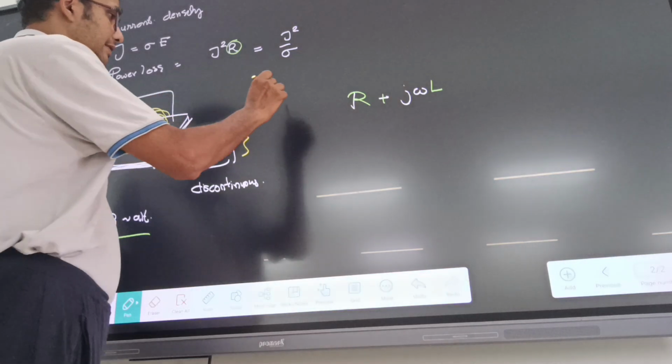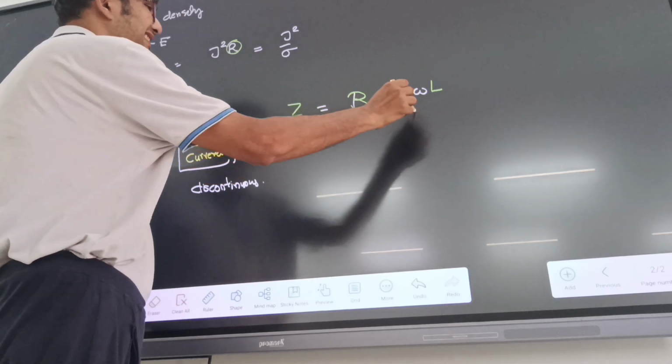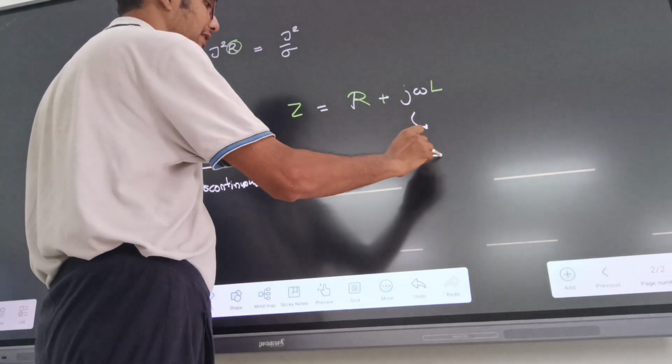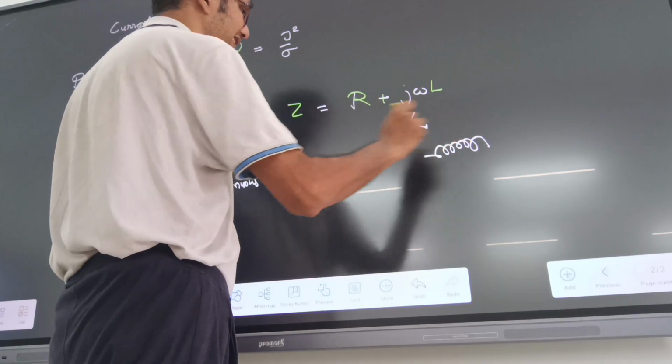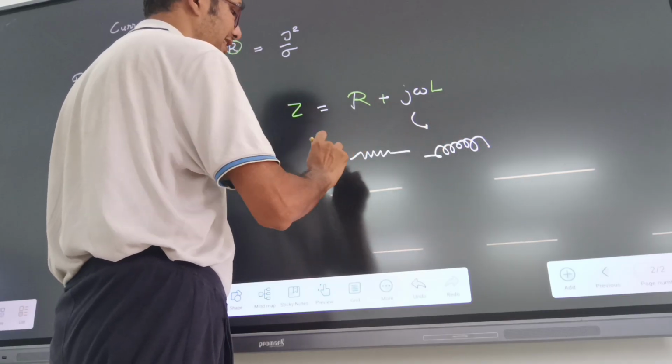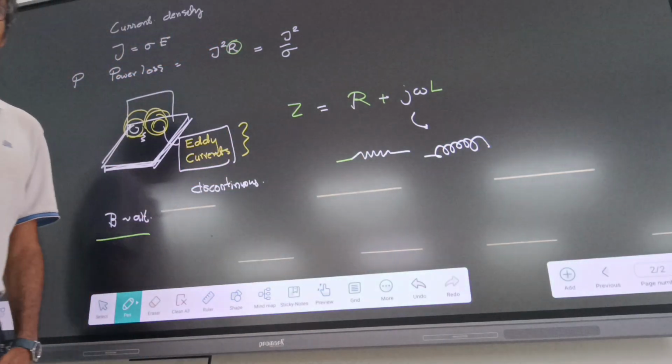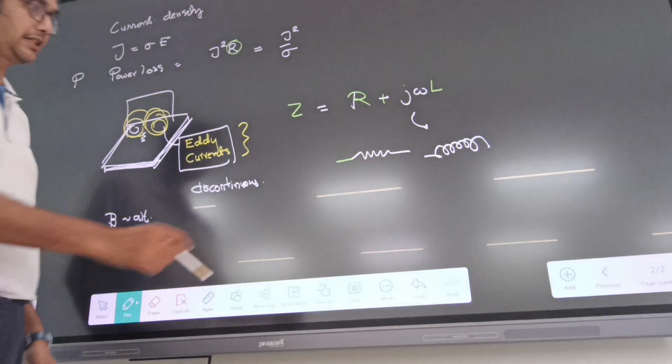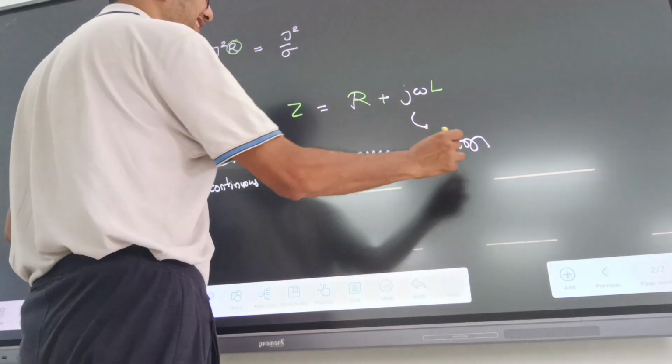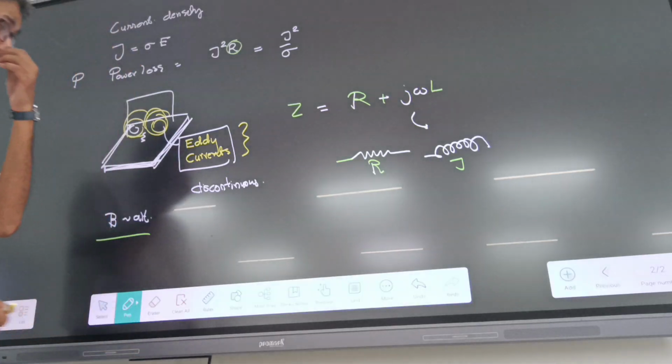This is the impedance. The R comes from here and this comes from here.